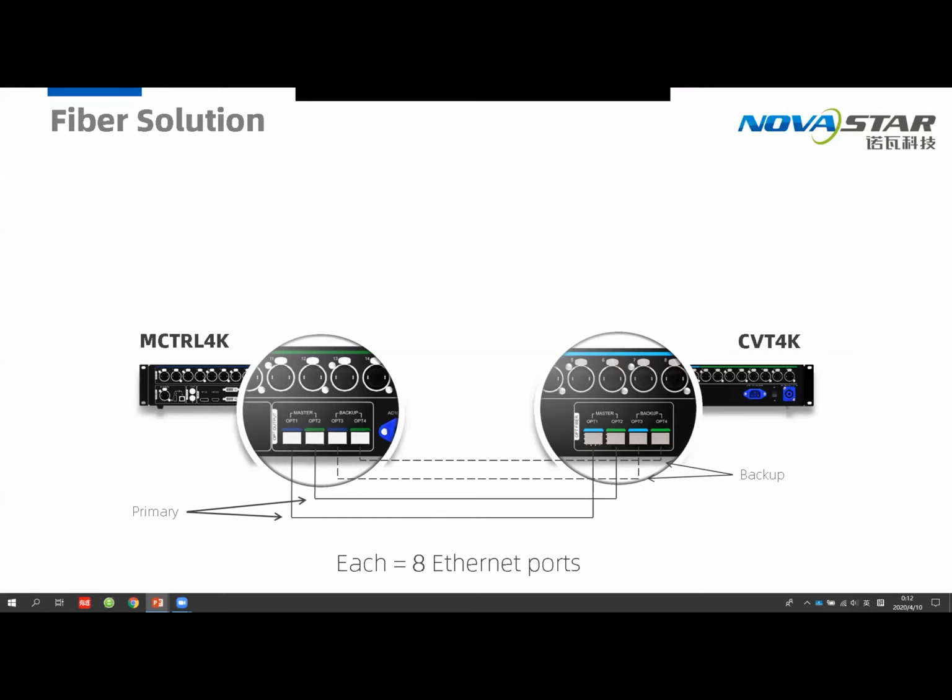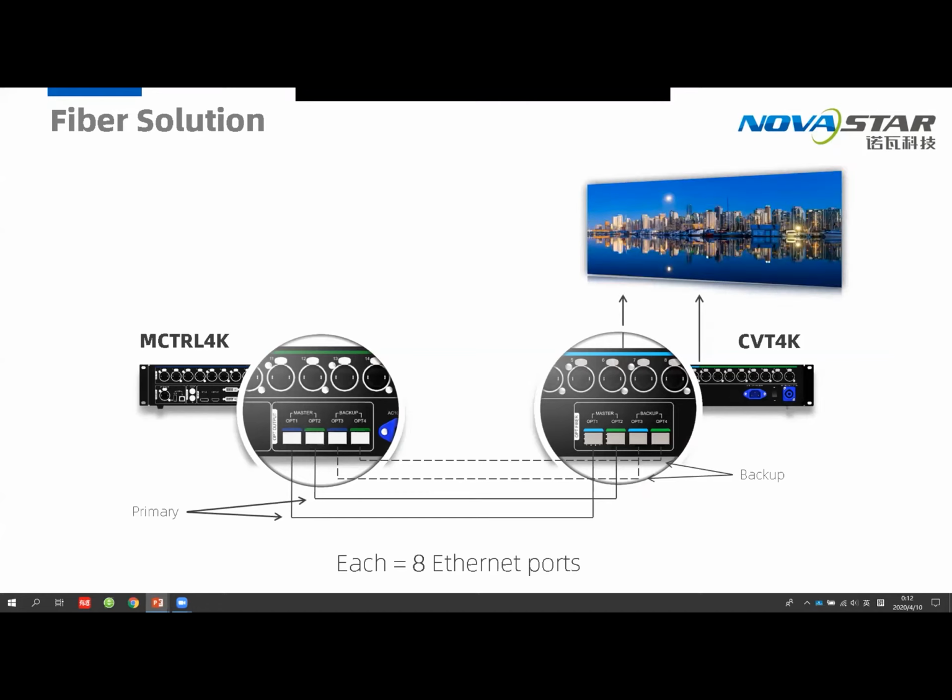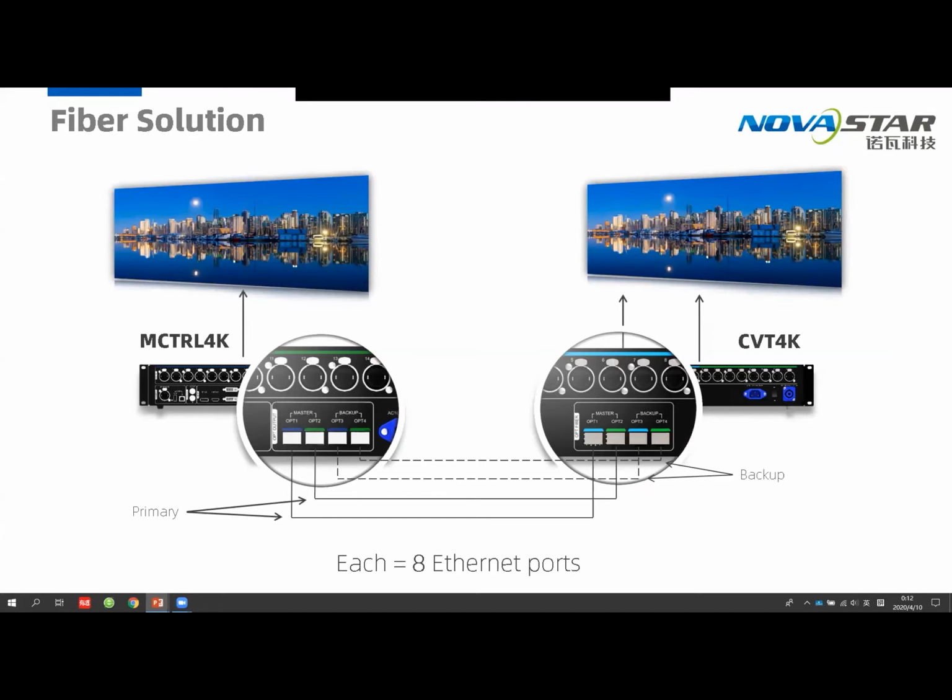If you have 2 screens with the same resolution and the same cable connection, you can use the output on the M control 4K and the CVT 4K at the same time. Then you will have 2 screens with exactly the same content, one from the CVT 4K, another one from the M control 4K.